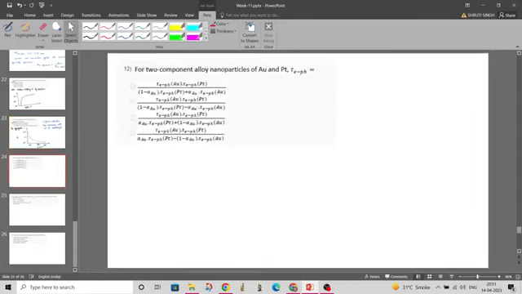The 12th question is, for a two-component alloy nanoparticle of Au and platinum, the electron phonon relaxation time is given by.